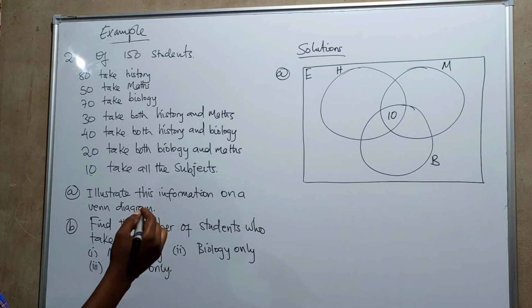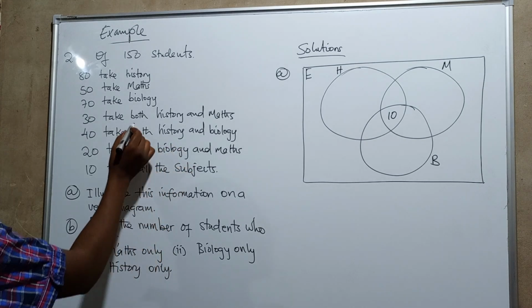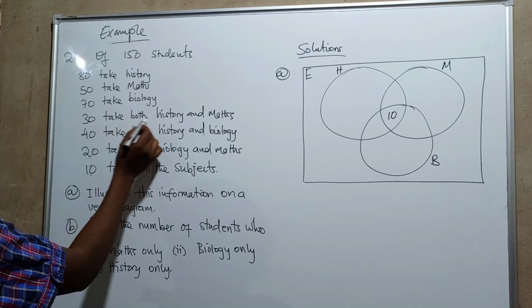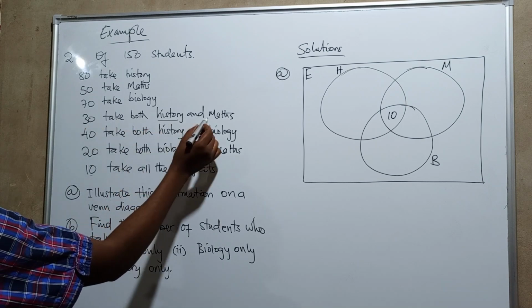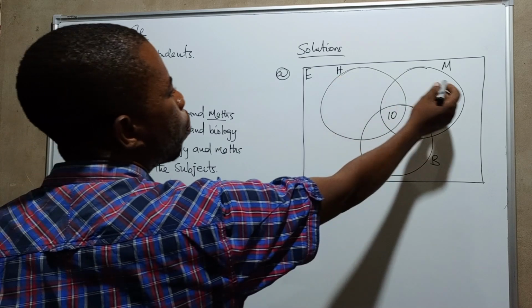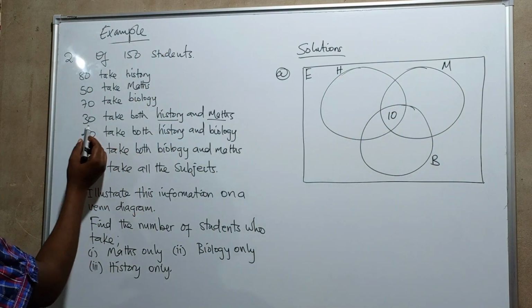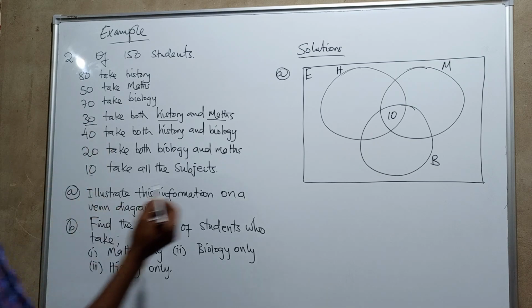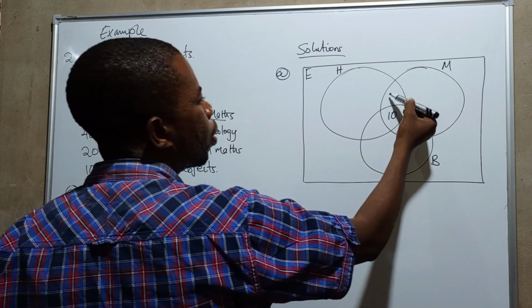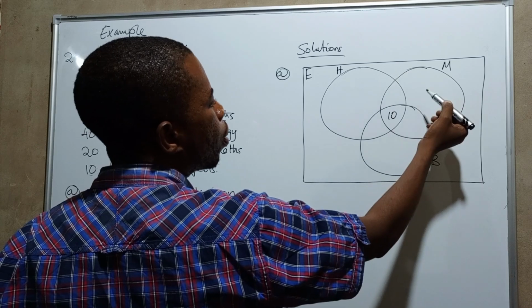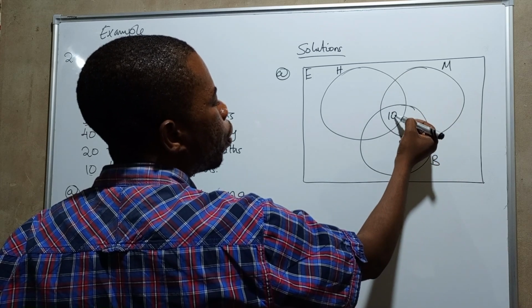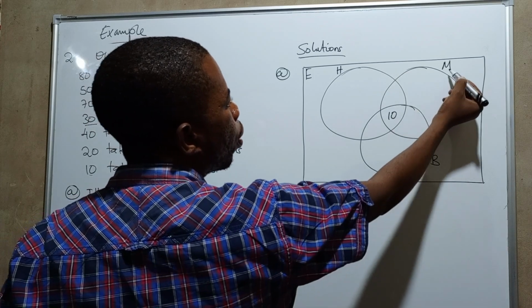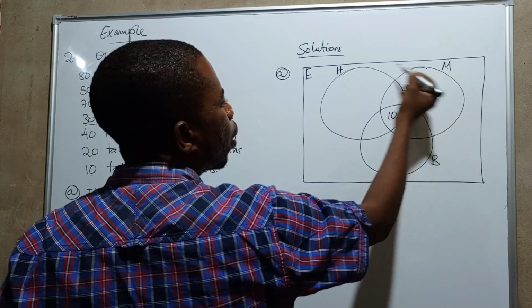So you can come to those that take both, like here. Those with history and maths. You are told 30 students take history and maths, so you are supposed to put 30 here. Now you remember this 10 is already for maths and history.